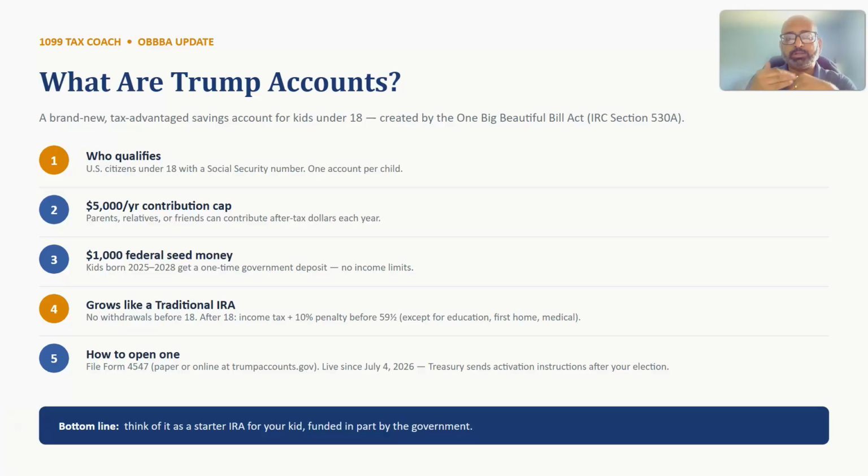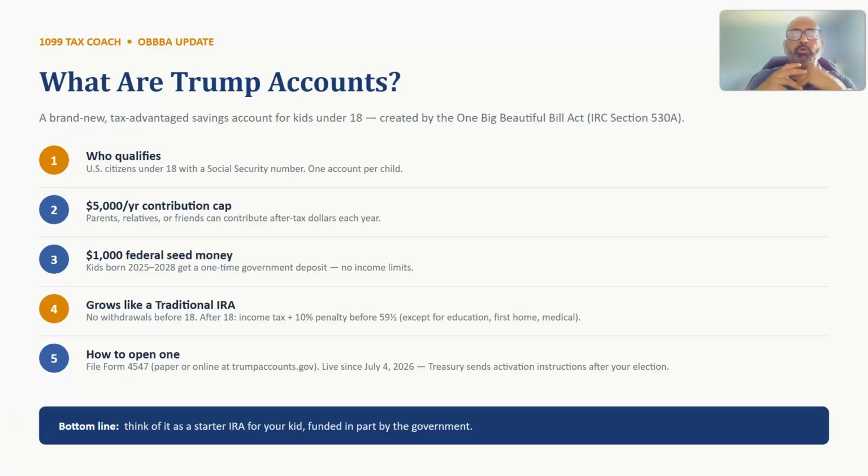Now, withdrawals until the person who's the beneficiary of the Trump account is 59 and a half are subject to the 10% penalty, just like traditional IRA withdrawals work, unless the withdrawals are for one of these specific purposes, such as education or medical, or if the beneficiary is using the money to buy their home.